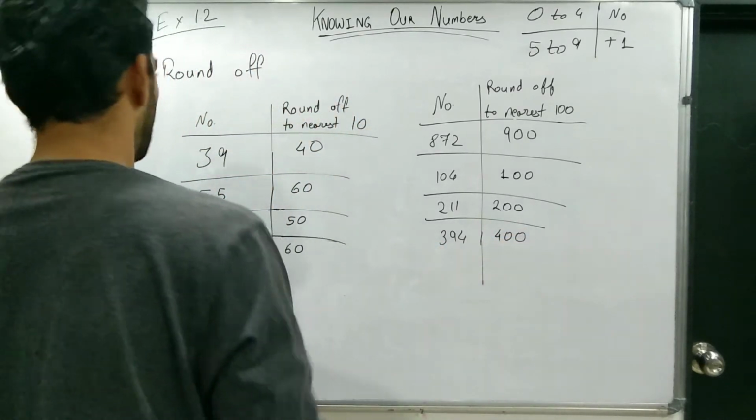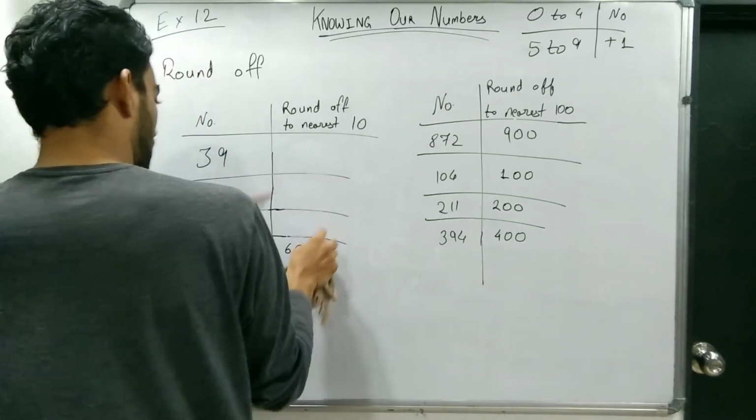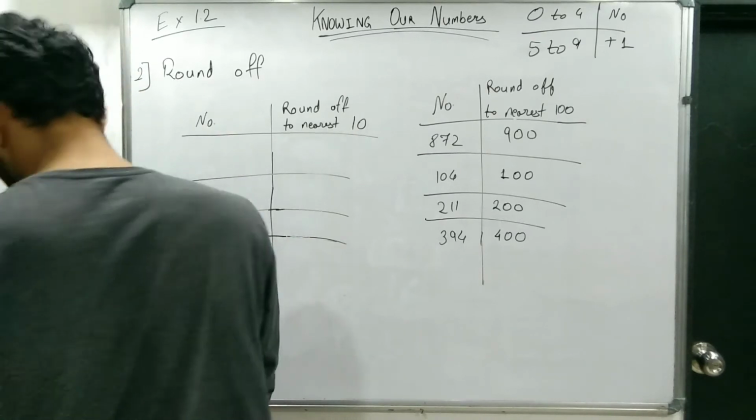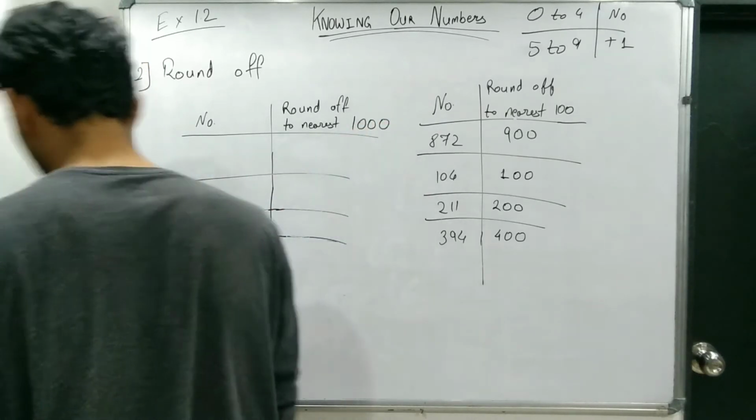Next we have this nearest 10, nearest 100, and next we have nearest 1000, and the numbers we have.